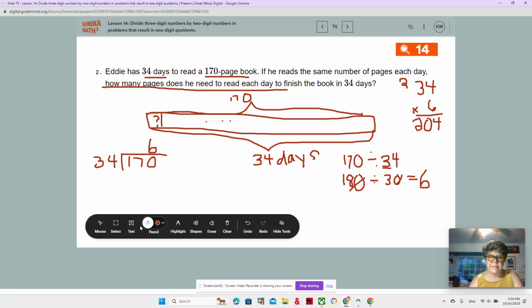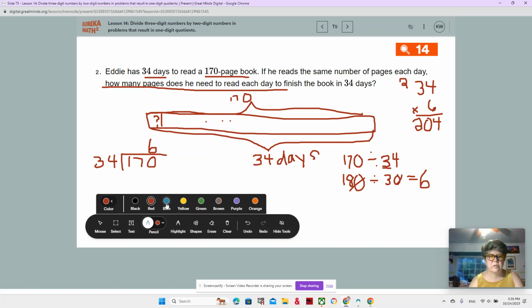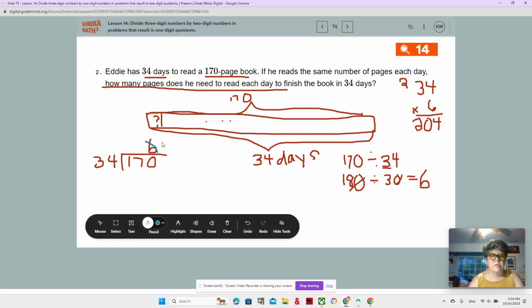So it's not going to be 6. It's going to be 1 less than 6, which would be 5, right? Because I rounded up, I can see that that's probably the problem. My eraser does not want to erase. Okay, that's fine. Let's just cross it out. Okay, so this is going to be 5 instead.